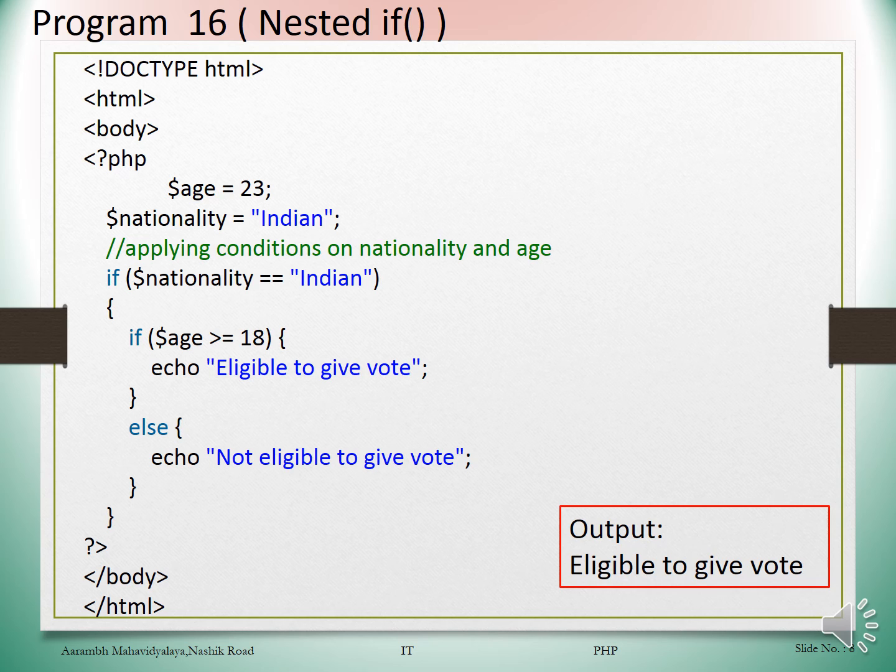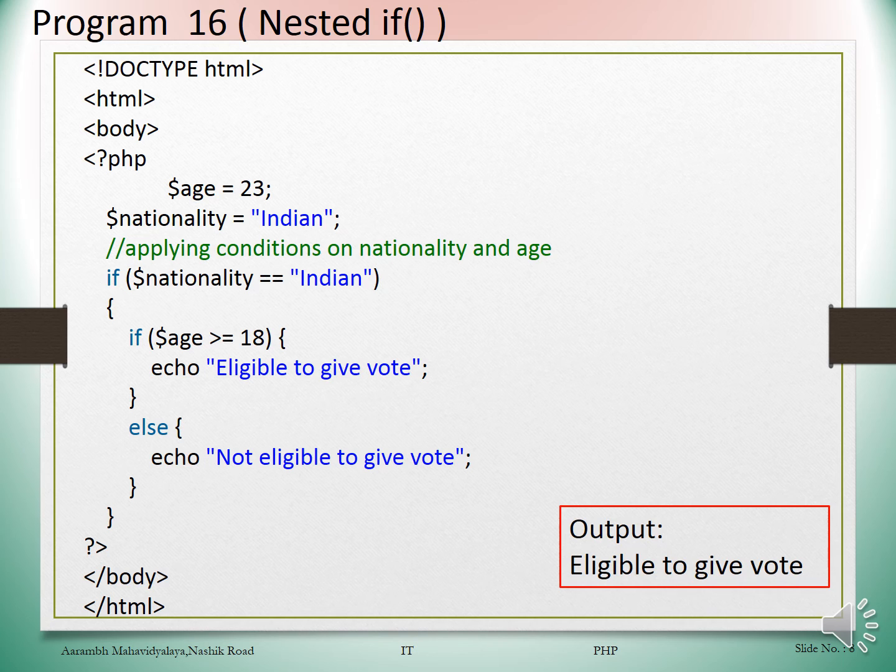First of all we have to check the nationality, then you have to check the age. If age is greater than or equal to 18, then you are eligible to vote. Otherwise you are not eligible for voting. Clear? That means this program checks whether you are eligible or not eligible to give the vote, and for that the most important thing is that you should be Indian.